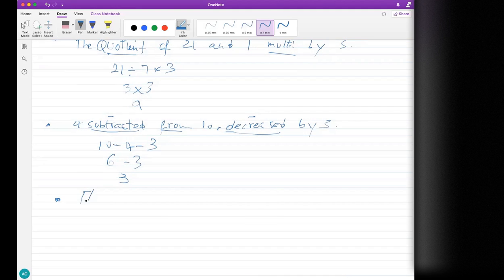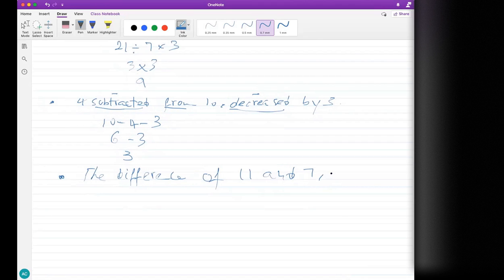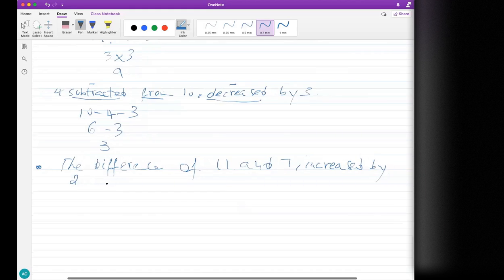Okay, one more about subtraction. It can be tricky. The difference of 11 and 7 increased by 2.